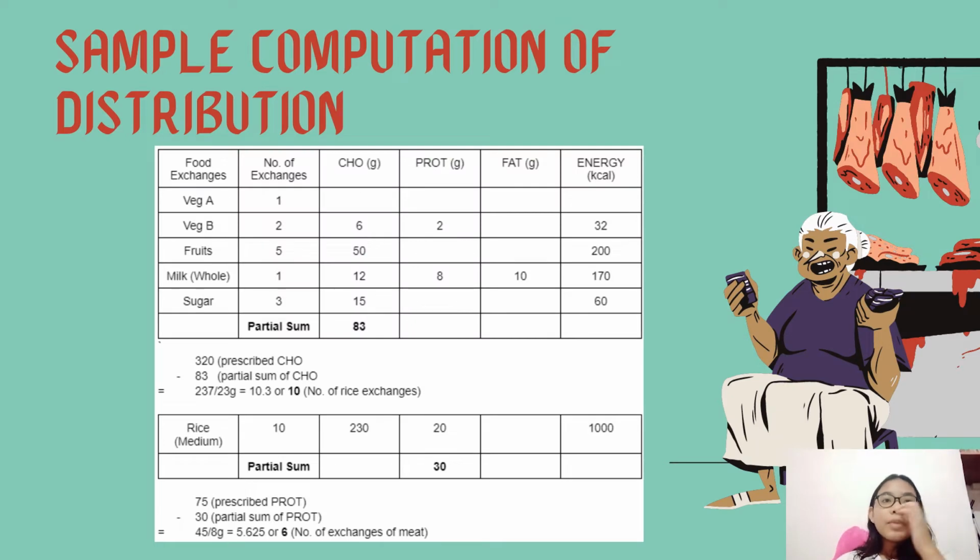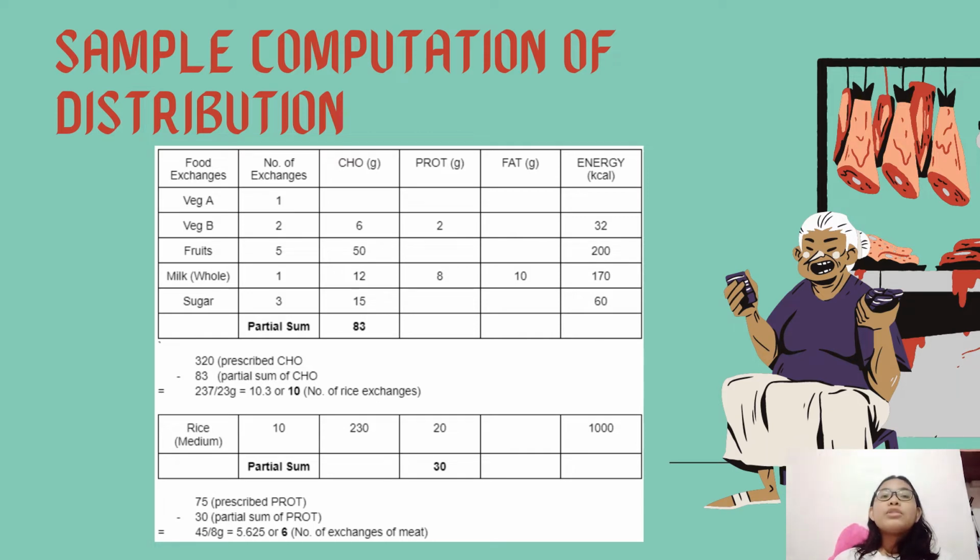In the sample computation of distribution, we have 6 tables consisting of food exchanges, number of exchanges, carbohydrates, proteins, and fat that is measured in grams, and energy that is measured in kilocalories. First is vegetable A as food exchange, which has one number of exchanges.